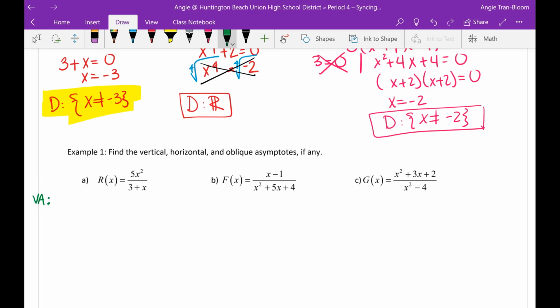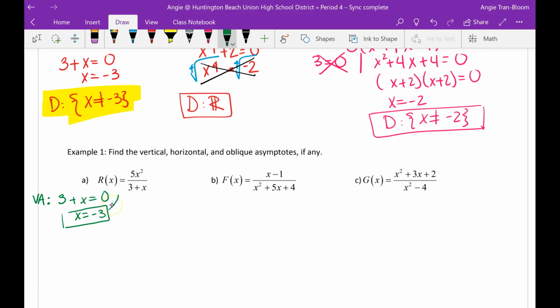You take the denominator, set it equal to 0, and solve for x. In this case, the vertical asymptote is x equals -3.